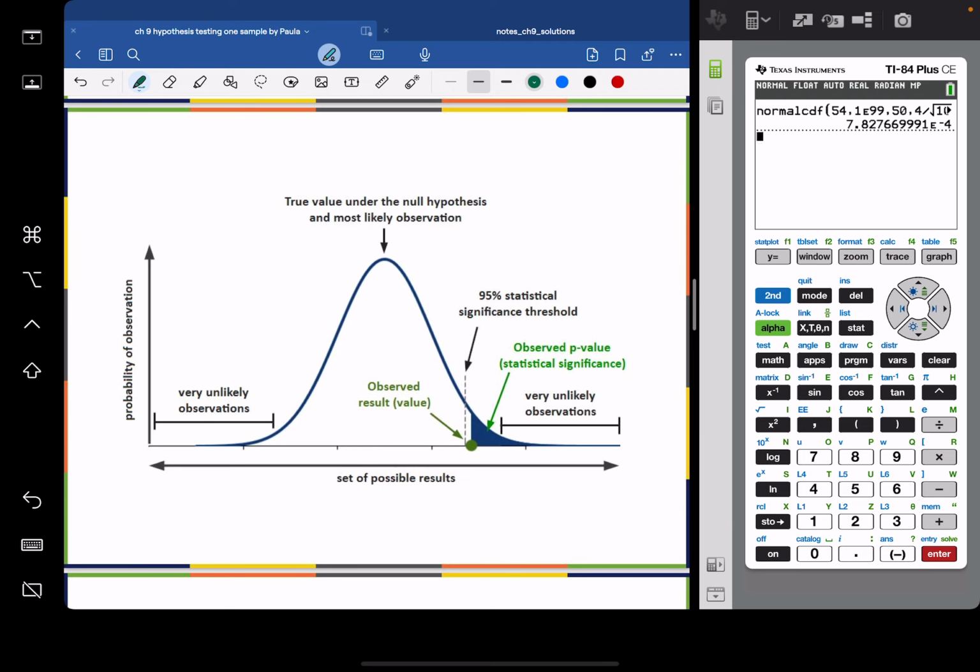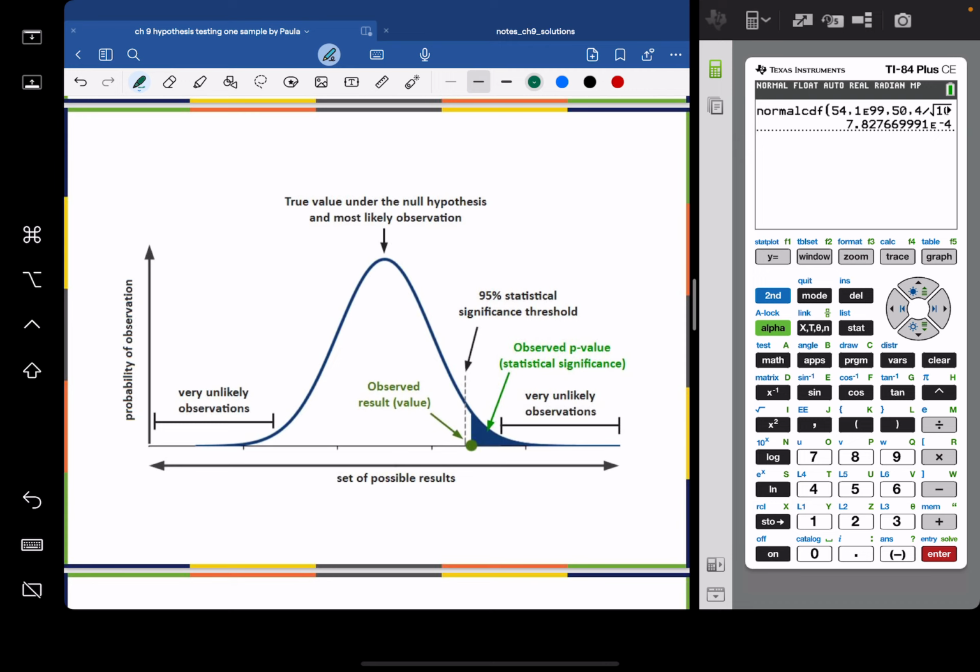So all the things in the middle are kind of what we would expect to see if the null hypothesis is true. And then we have this threshold, the statistical significance threshold. This picture is for a one-tailed test, it looks like, because we only have shading over here. And we get an observed test result.